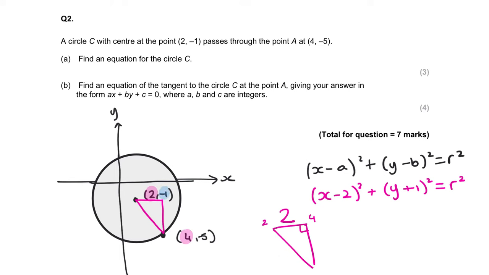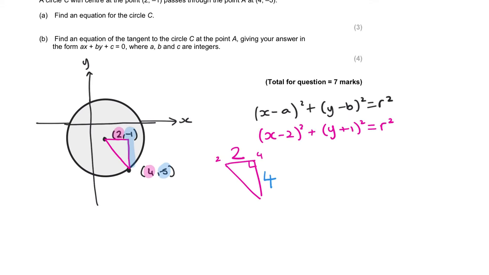My y-coordinates go from -1 to -5, which gives a length of 4. We don't care about the negative because we're talking about length, and we're going to square these anyway. Remember, this is my radius. So to find my radius, 2 squared plus 4 squared is going to give me my radius squared.